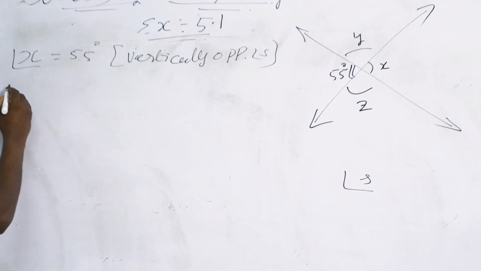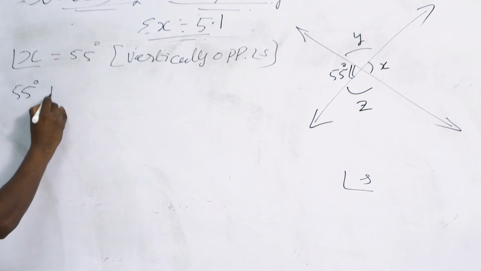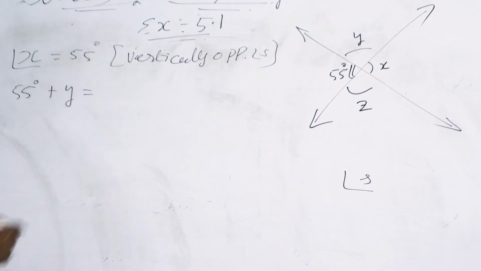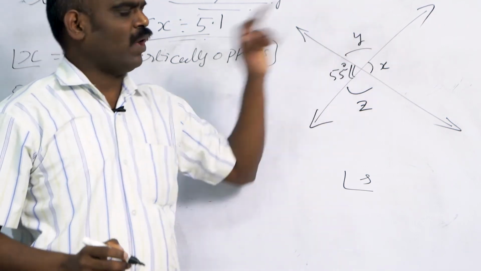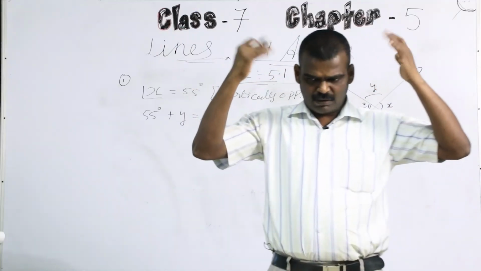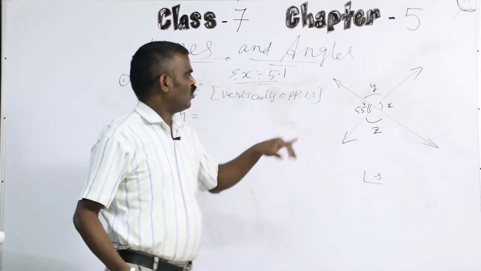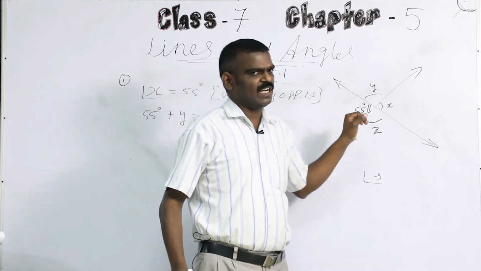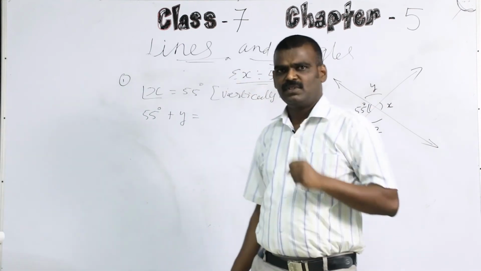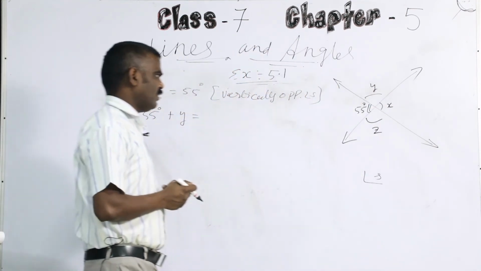Now, 55 degrees plus y. Go back to the first period and bring it back. 55 and y, what is the relation? Linear pairs, right? Yes.